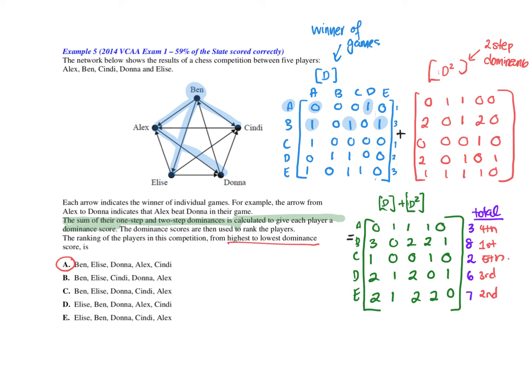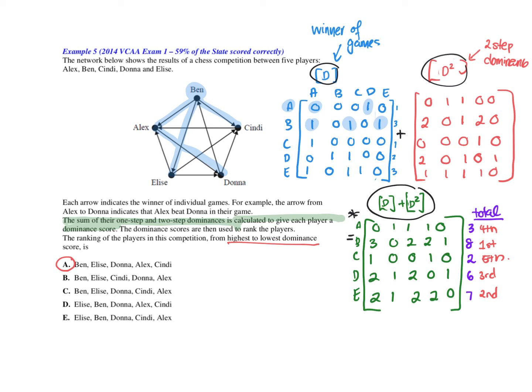We've raised it to the power of 2, and we get this red. If you do it on your calculator, you'll get this dominance. So to get outright dominance, they want you to add these 2 matrices together. So I've added them together, and down here in the green is the answer to that.